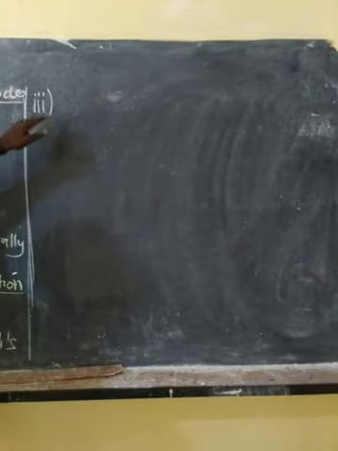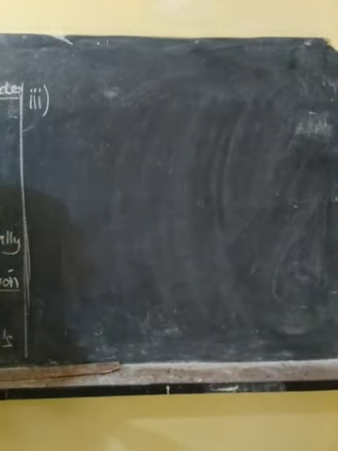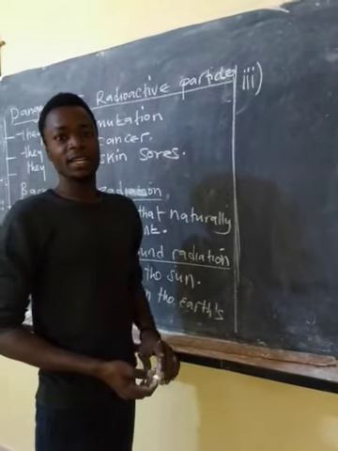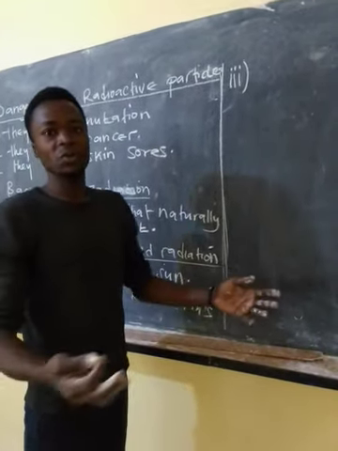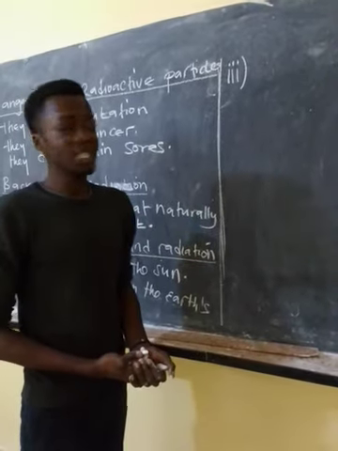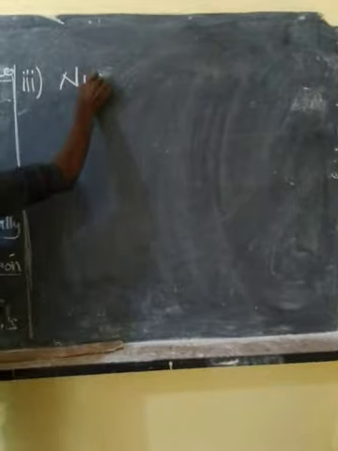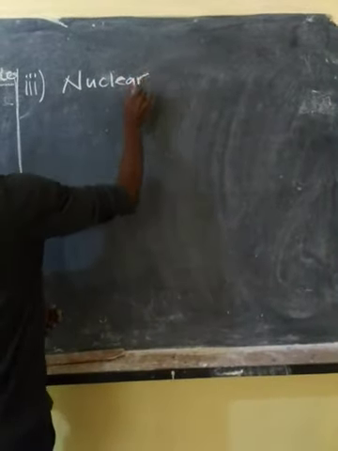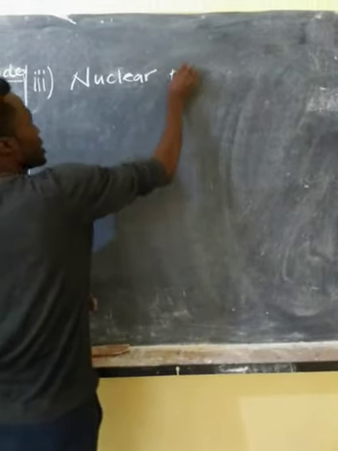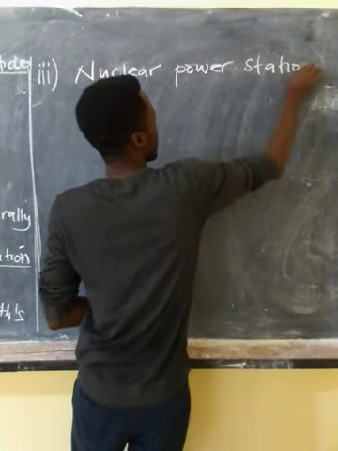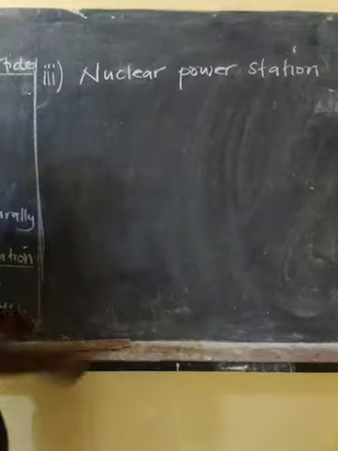So the third one that we can look at, we know that even human activities also tend to cause danger, or whatever we do can produce some radiations. So a good example, a nuclear power station. It can be a source of background radiation.